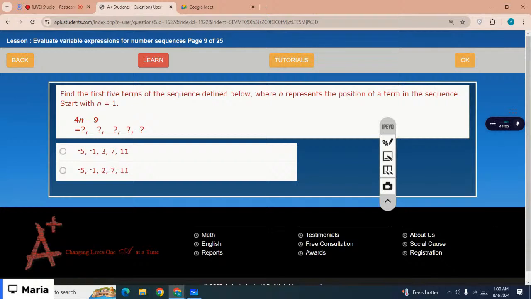Find the first 5 terms of the sequence defined below where n represents the position of the term in the sequence. Start with n equals 1. So, which is the correct option?